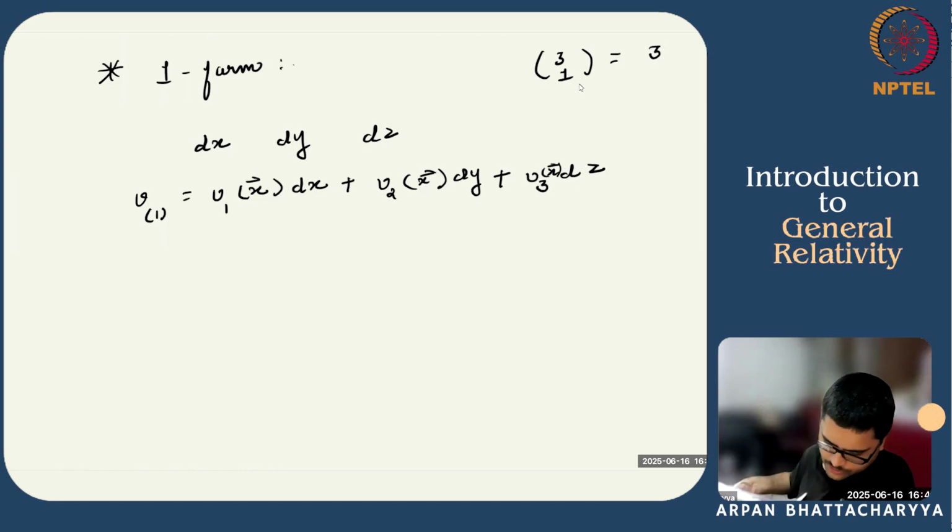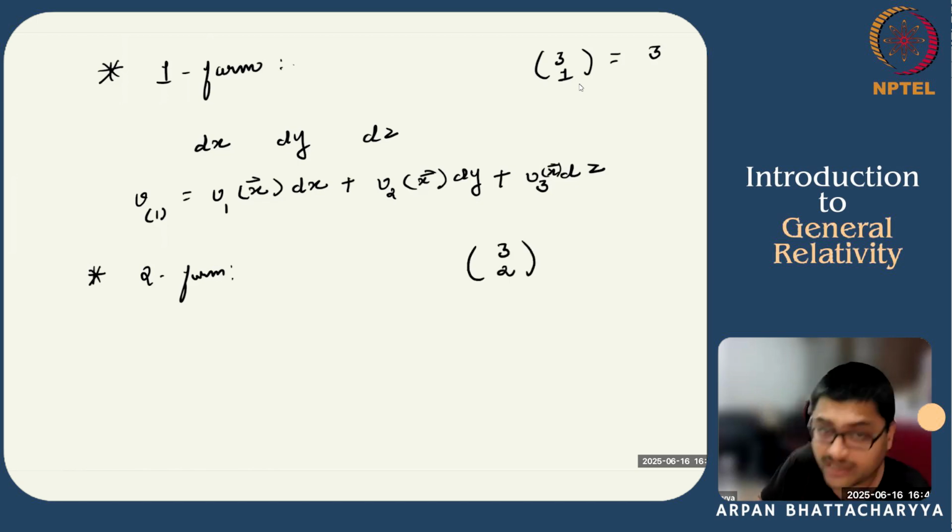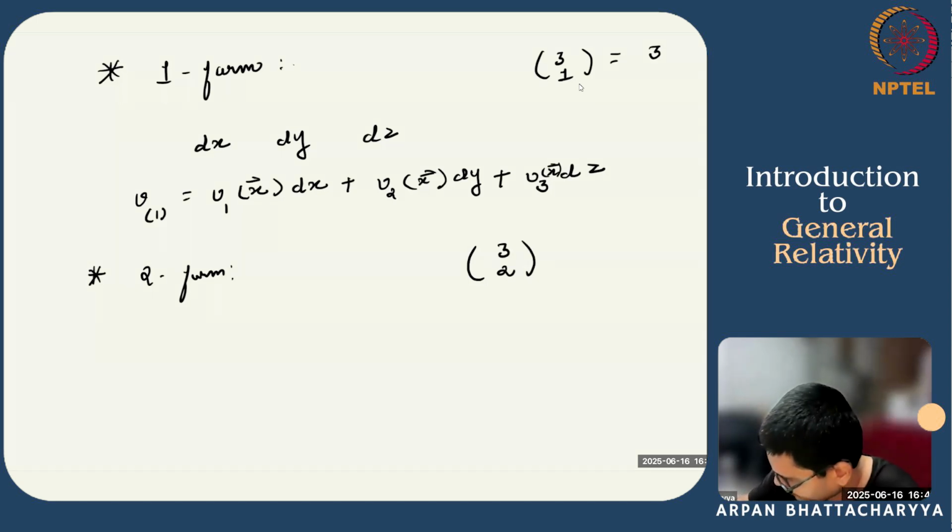So now the two forms in this language, and the number of basis elements for them is again 3. You can count it. 3 is the dimension of the space, 2 is the rank of the form, so the number is 3.